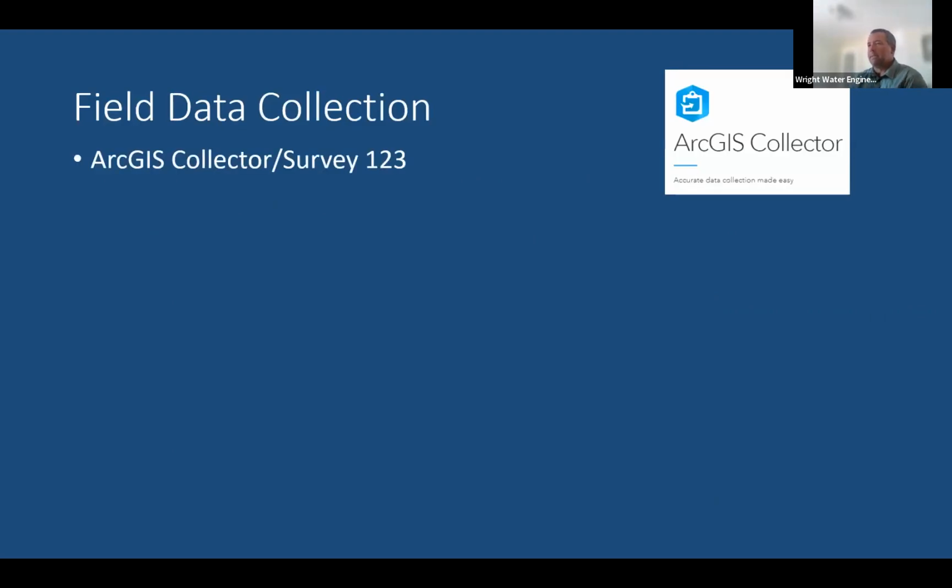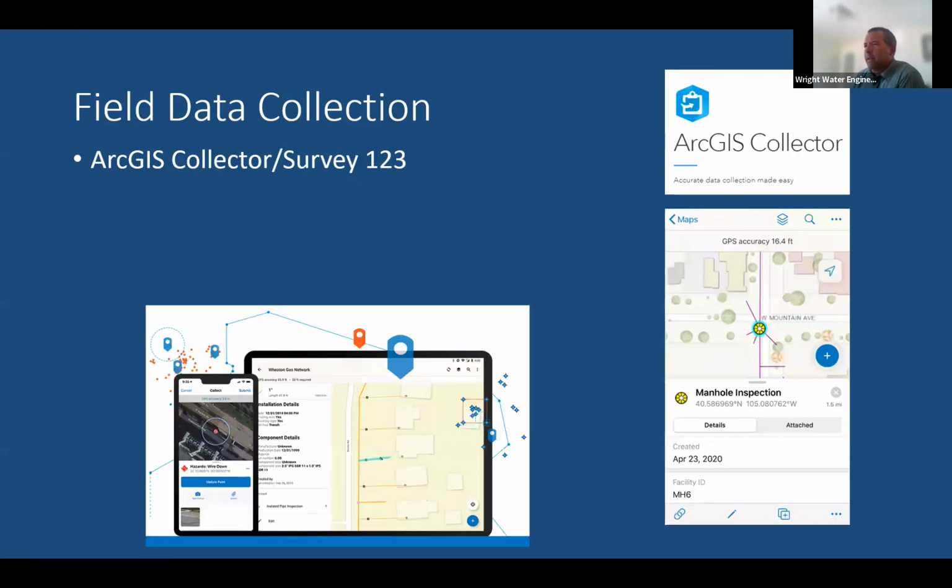Once it comes down to going out and actually collecting all this information, again, ArcGIS or Esri has a couple of field apps that are available, Collector and Survey 123, for example. I think Collector is not being retired, but I think it's being replaced by, I believe it's called Field Maps, maybe.